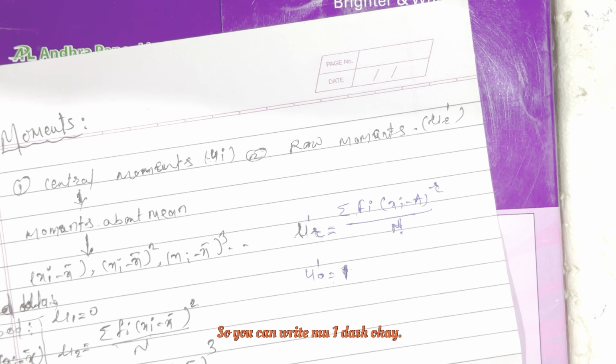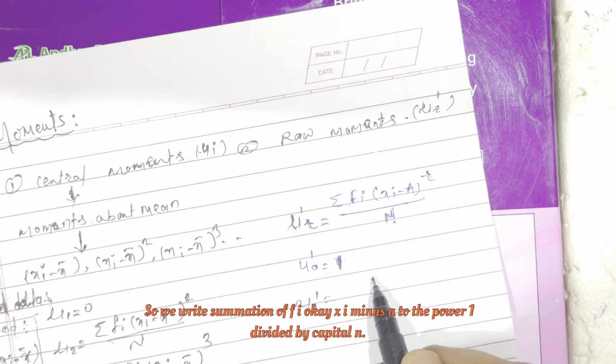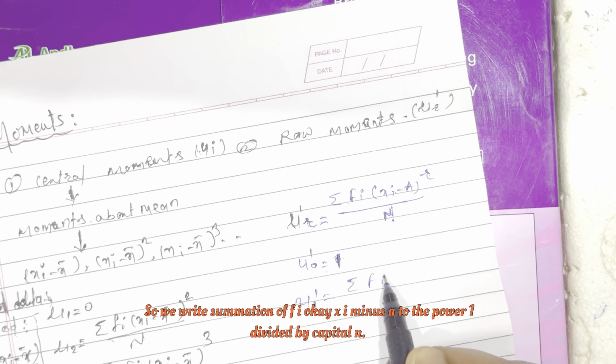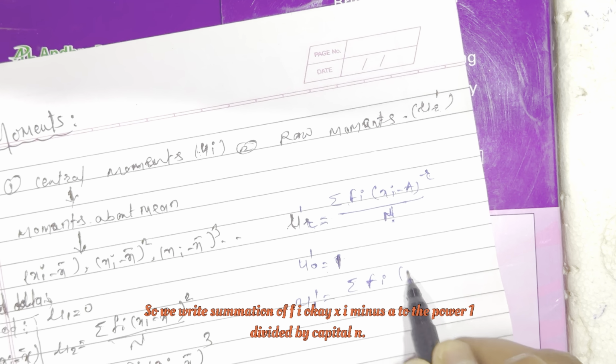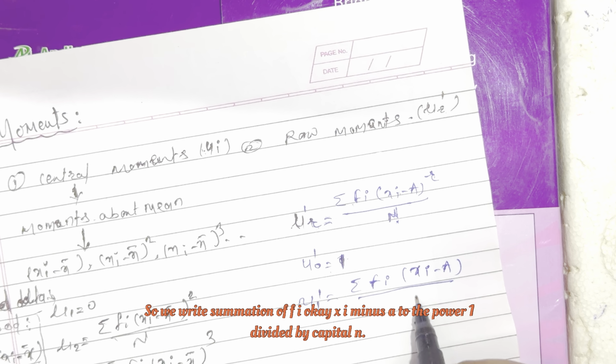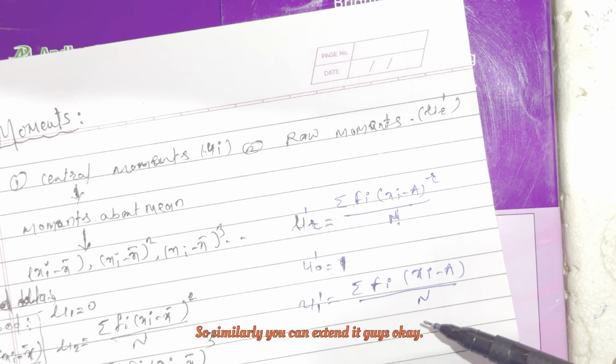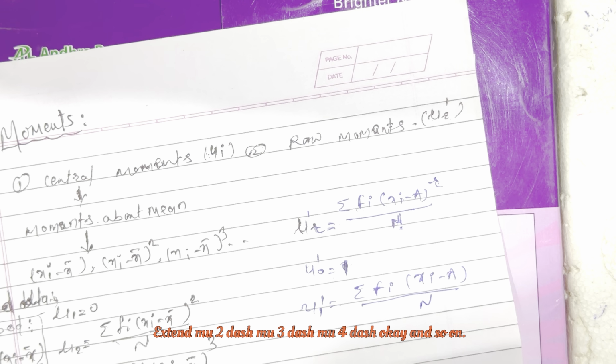So you can write mu 1 dash as the summation of fi into (xi minus A) to the power 1, divided by capital N. The power 1 no need to write. Similarly, you can extend it to mu 2 dash, mu 3 dash, mu 4 dash, and so on.